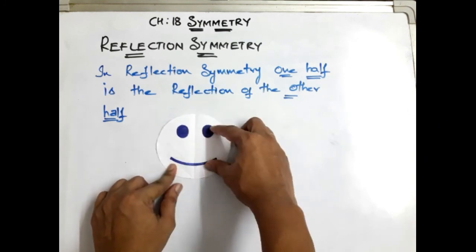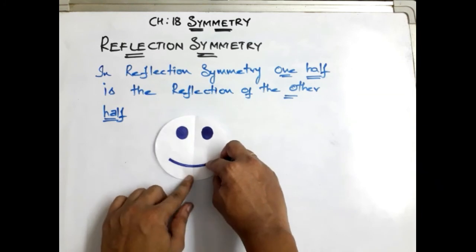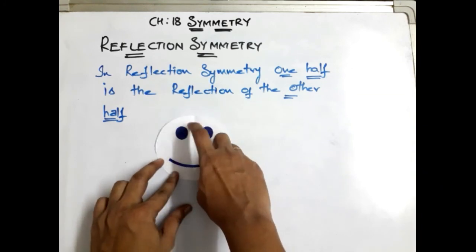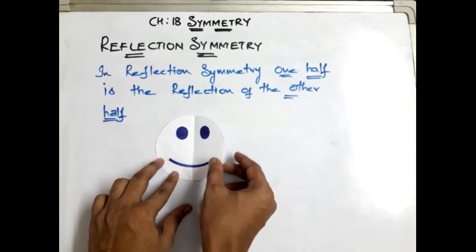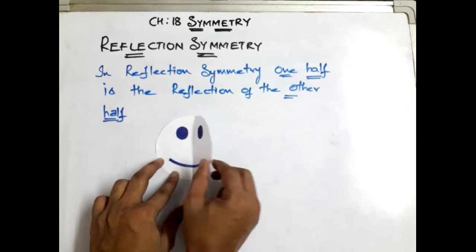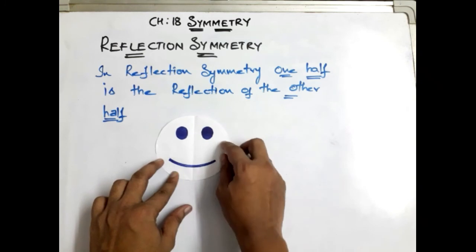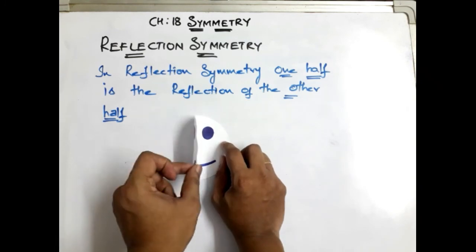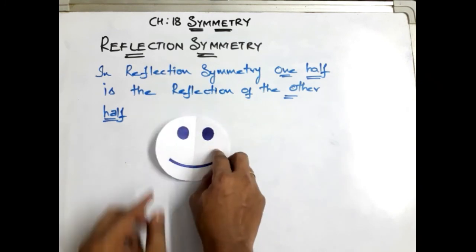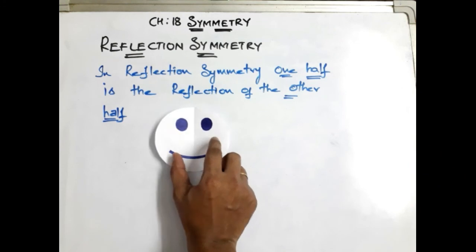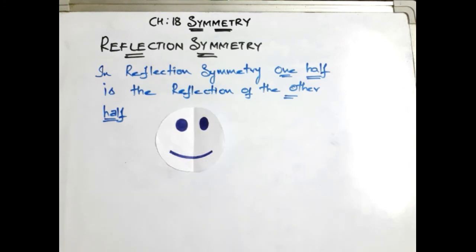This side is also having the smile and the part of the lip, and this side is also having the eye and the part of the lip. So the same properties which this side is carrying are there in the other side, and the properties which this side is carrying are there in the opposite side. Hence we can say that this figure is carrying the property of reflection symmetry.